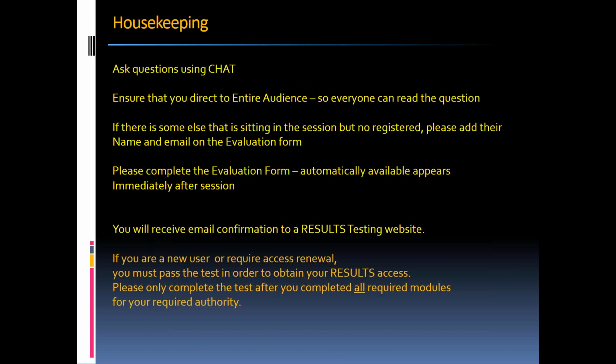And the test is comprised of a bunch of questions from multiple modules. So please only do the test when you've completed as many modules based on whatever authority you require, but you're definitely going to have to review materials for at least 4 to 5 modules.